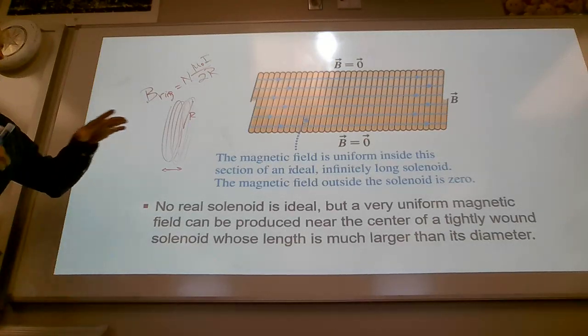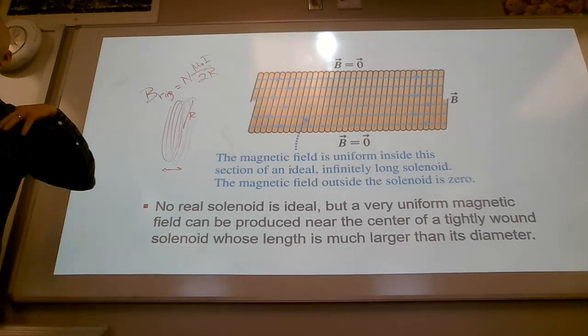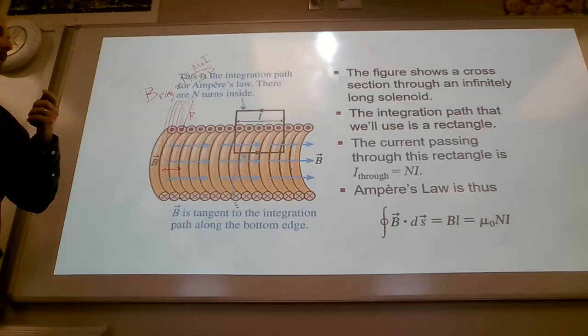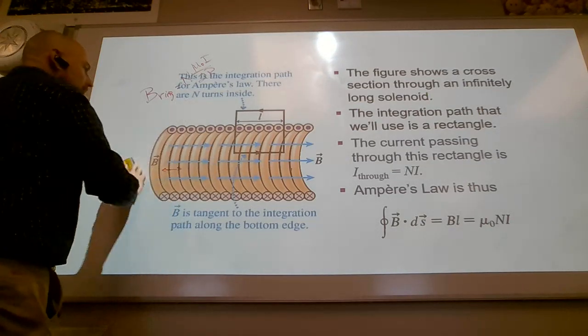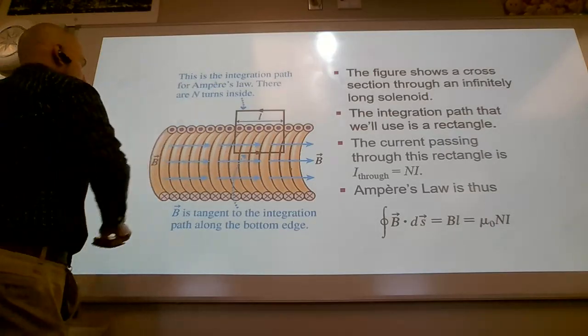If the radius is not significant compared to the length, use a solenoid, which we're about to develop here real quick.